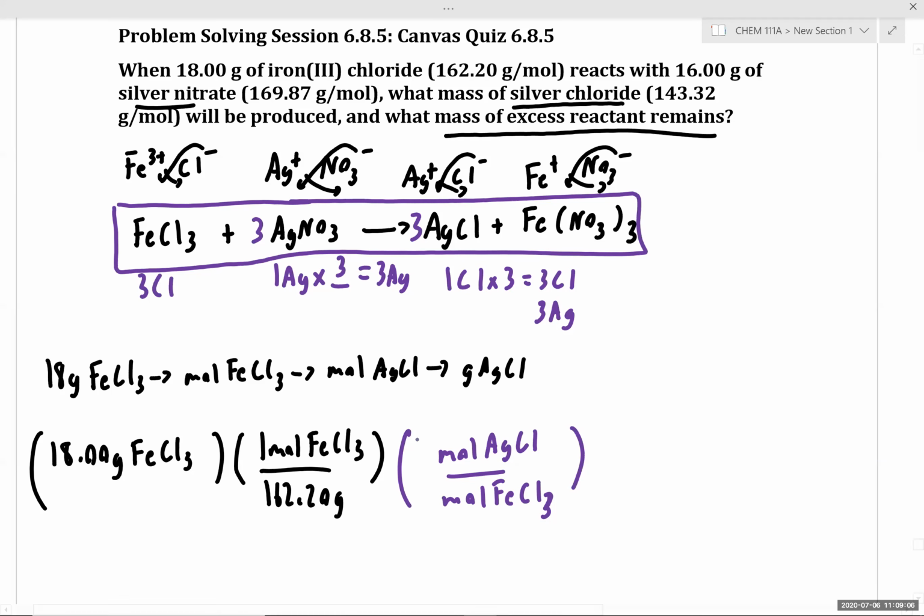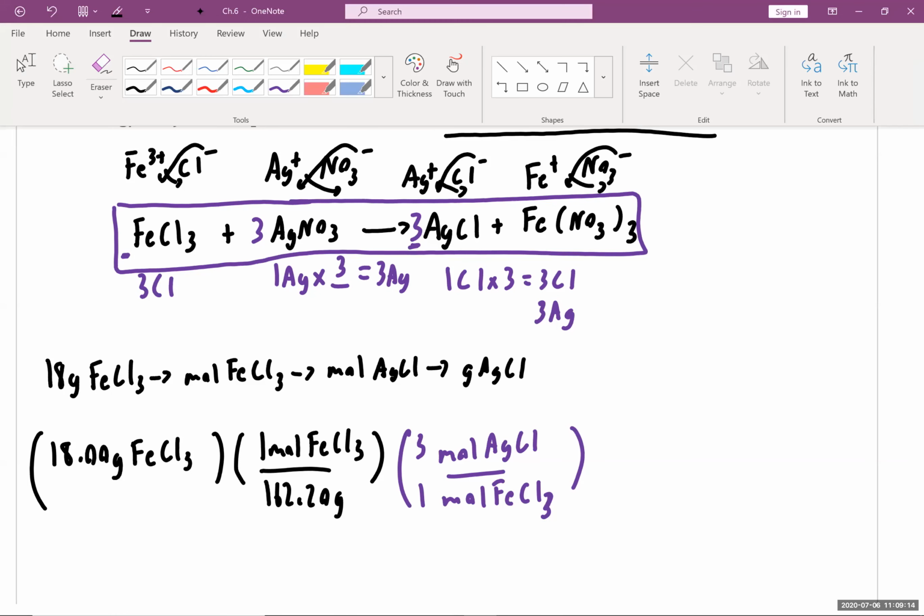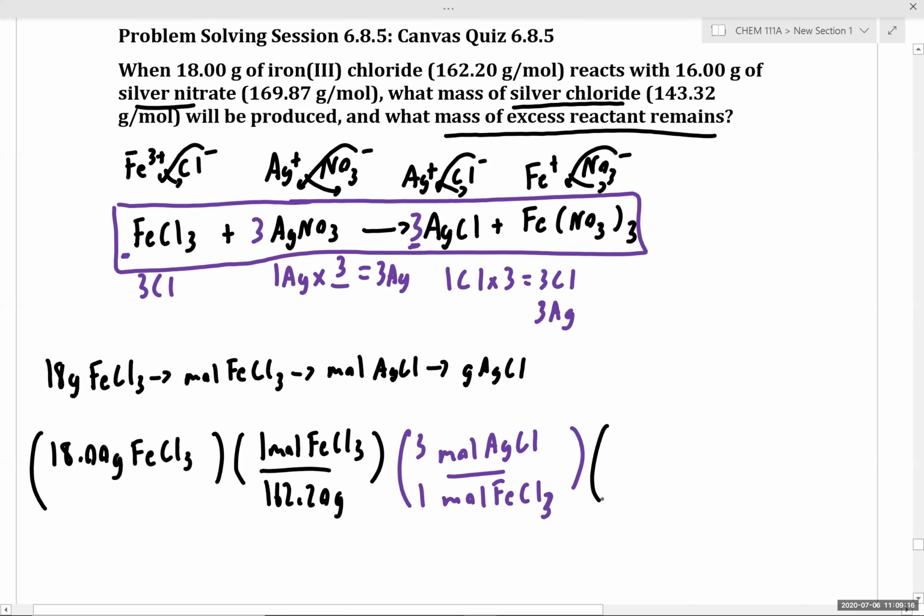What is it? It's 3 to 1 because we have 3 moles of silver chloride for every 1 mole of iron 3 chloride. Okay, and then we also know that we have 143.32 grams for every 1 mole of silver chloride.